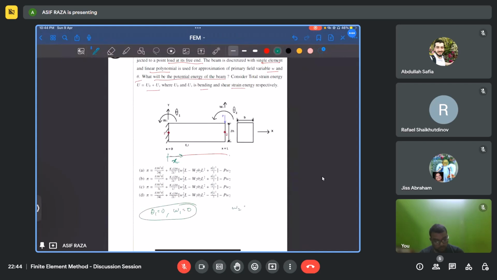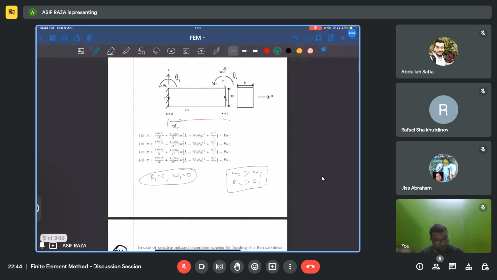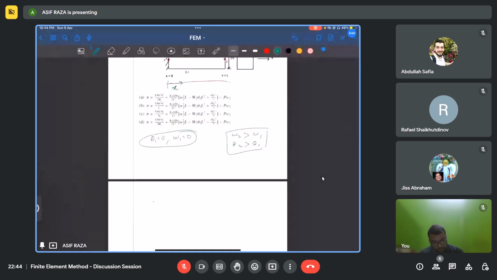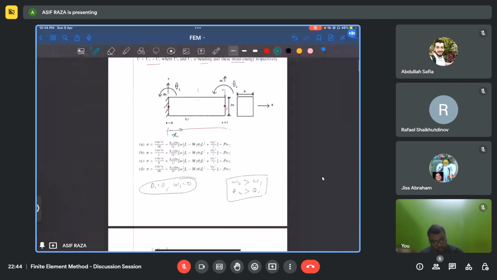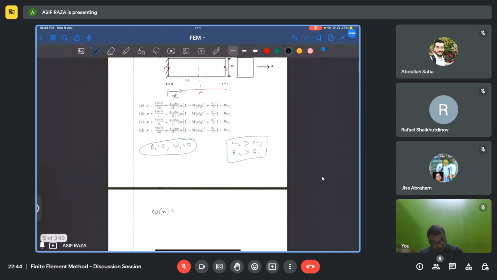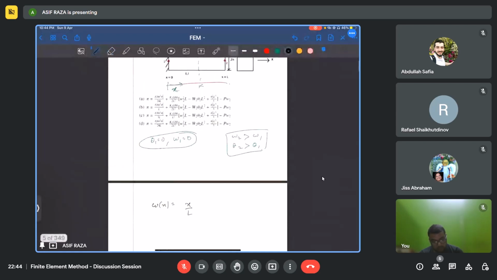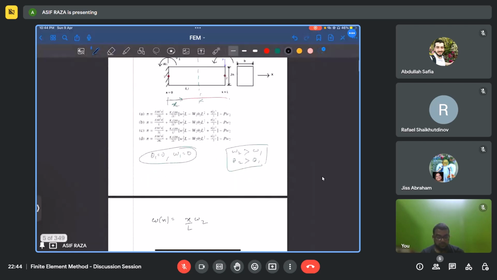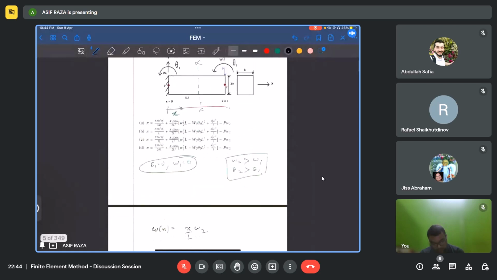W2 will be greater than W1 and theta2 greater than theta1. The linear approximation at any section x gives W of x equal to x by L times W2, so that at x equal to 0 it is 0, and at x equal to L it is W2.